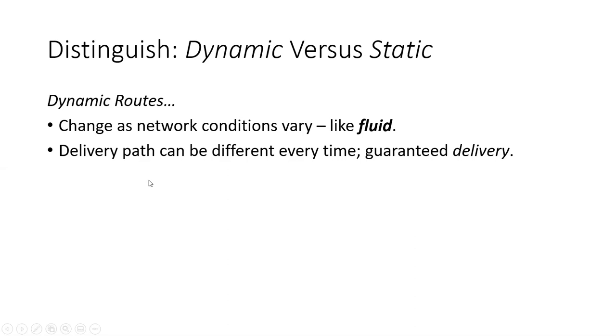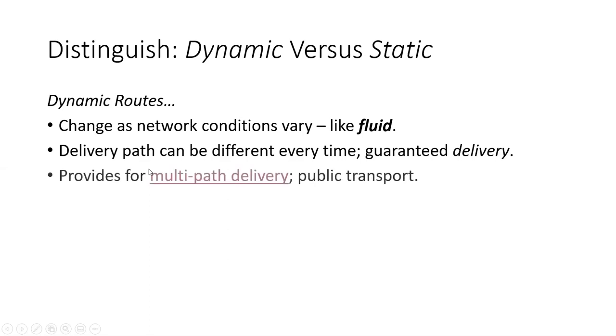So the idea there is you have multiple paths, different paths, and it's always changing so that you can guarantee delivery of the separate packets. So this provides for multipath delivery. Public transport, basically. One of the signature characteristics of dynamic routes is that you find these on public networks.